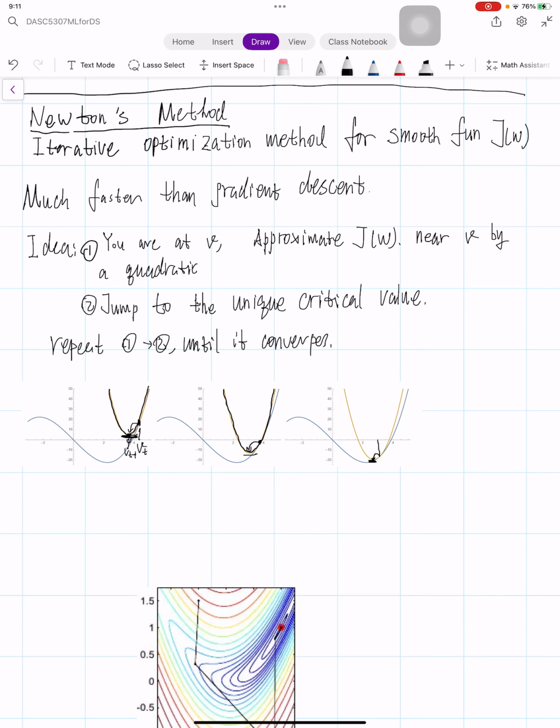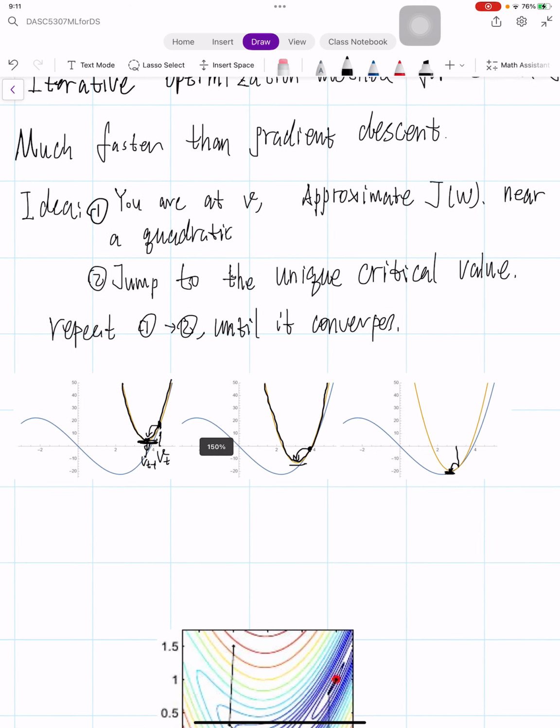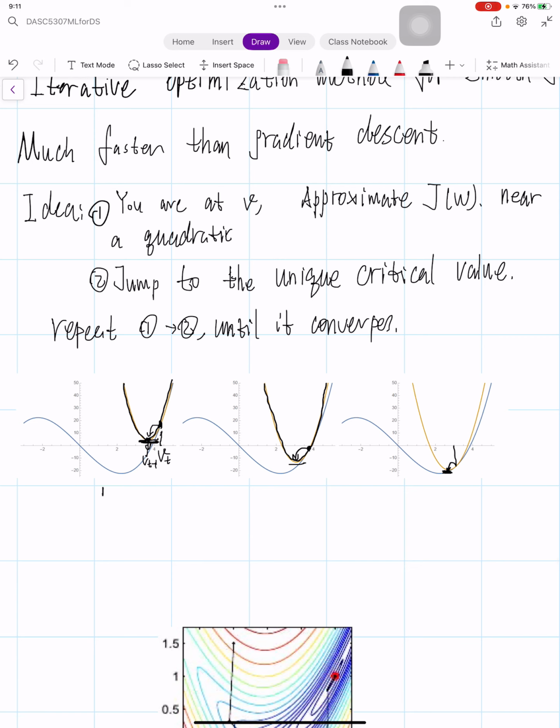This plot just shows you three iterations: iteration 1, iteration 2, iteration 3. By repeating this procedure, we can seek the minimum of the blue curve. The blue curve is our cost function.